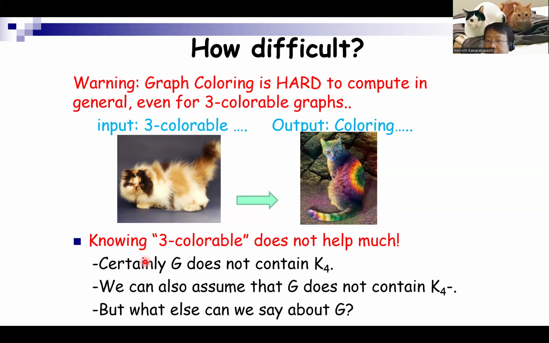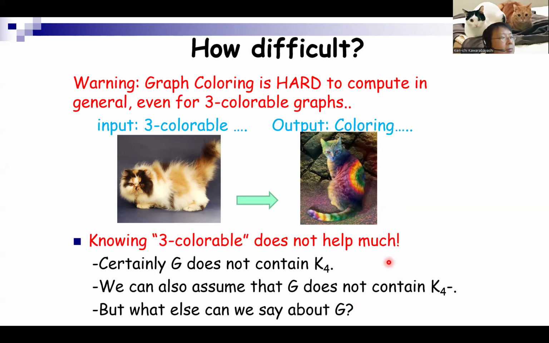Yes, certainly this graph doesn't contain a complete graph of four vertices, because that requires four colors. We can also assume that this graph doesn't contain K4 minus, meaning K4 minus one edge.